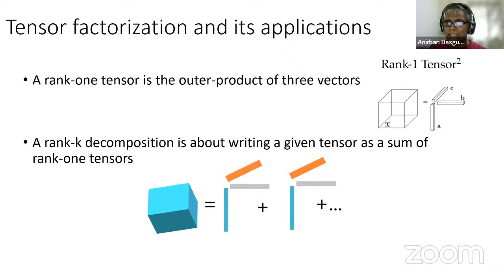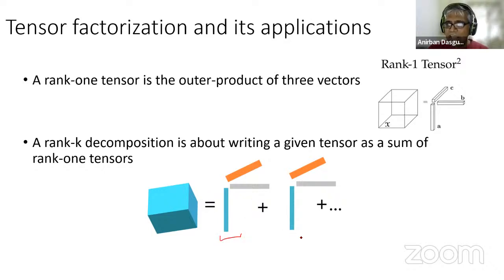Here's the most basic thing. Suppose I think about a three-dimensional tensor, basically a cube. We can write it as an outer product of three vectors A, B, and C. This is what I will say is a rank 1 factorization of this particular tensor. Now, what is a rank K factorization? It's the same intuition as you would have for a matrix.